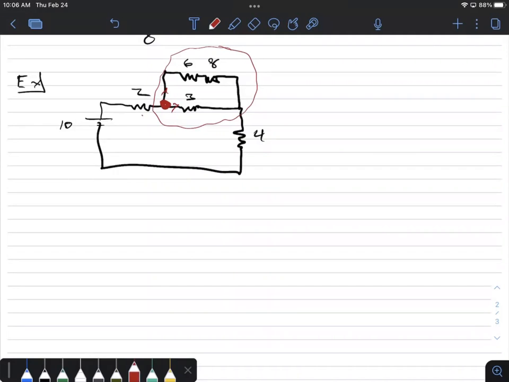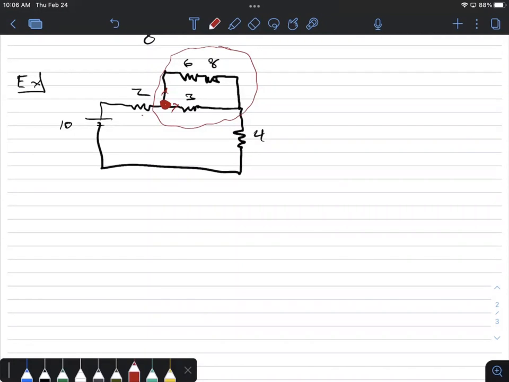But before I can do the parallel part, the 3 is not in parallel with the 6. The 3 is not in parallel with the 8. What the 3 is in parallel with is the top branch. And the top branch is made up of multiple things. So let's look at the top branch. The top branch has 2 resistors. What do I know about them? They're connected in series, right?